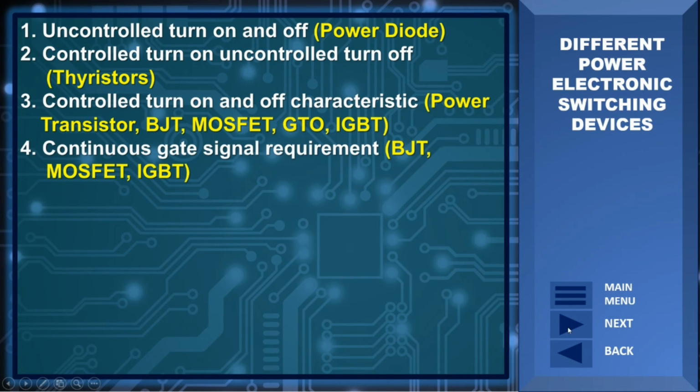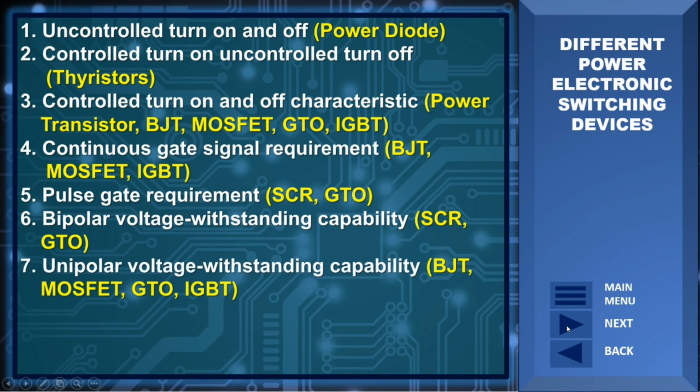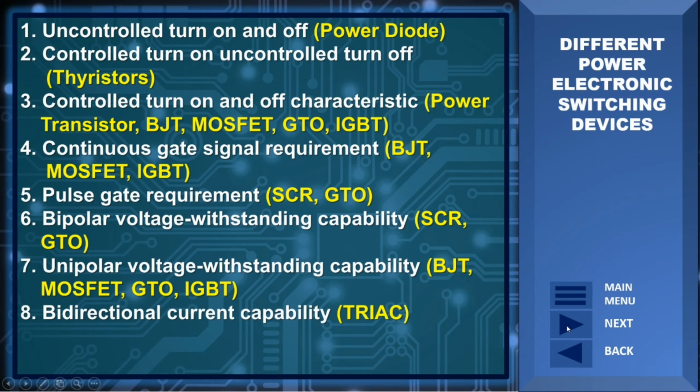Continuous gate signal requirement, such as BJT, MOSFET, and IGBT. Pulse gate requirement, such as SCR and GTO. Bipolar voltage withstanding capability, such as SCR and GTO. Unipolar voltage withstanding capability, such as BJT, MOSFET, GTO, and IGBT.